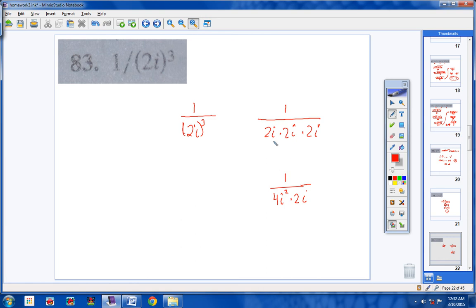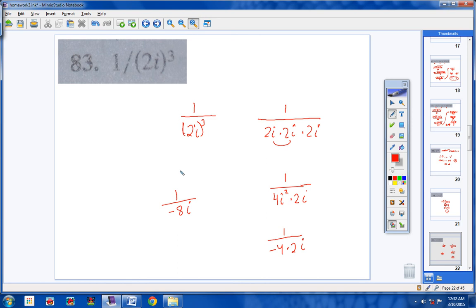Well, i squared is a negative 1, is it not? So 4 times negative 1, you really have negative 4 times 2i, which would be negative 8i. And so there we go.